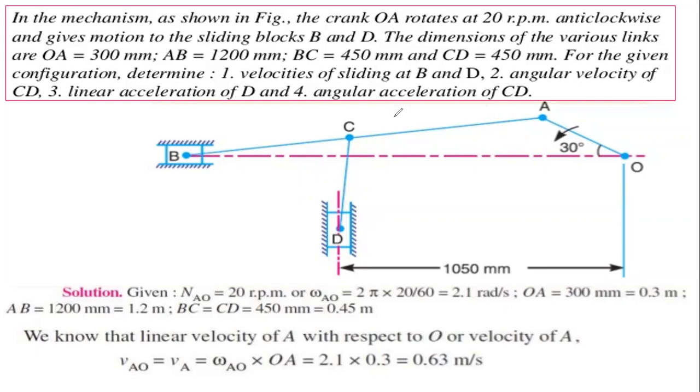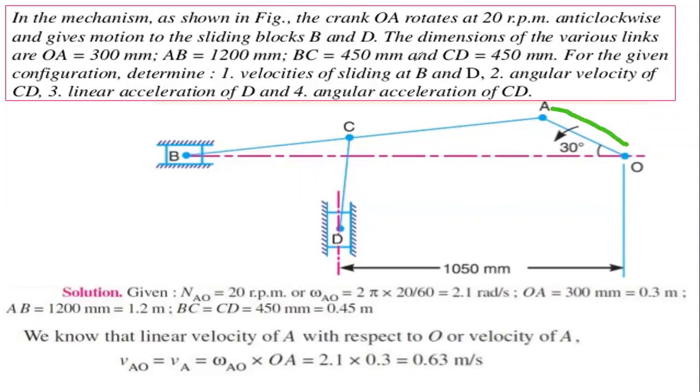First of all, we need to find the input. It is the given data. The crank OA rotates at 20 rpm. Here OA is the crank, so this is the OA link.